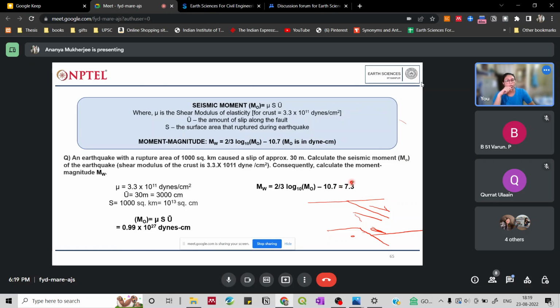Now based on the different moment magnitudes, Richter developed a scale which was compared to the modified Mercalli intensity scale. That is how, when you read the newspaper and somebody says an earthquake of this much magnitude had taken place, it is a moment magnitude, and sometimes they also mention the intensity rating of the same earthquake. So this is what we talk about, the seismic moment.